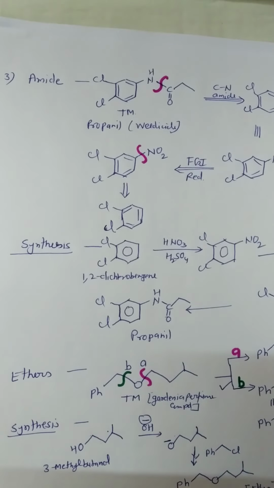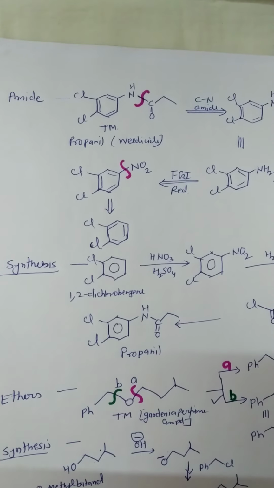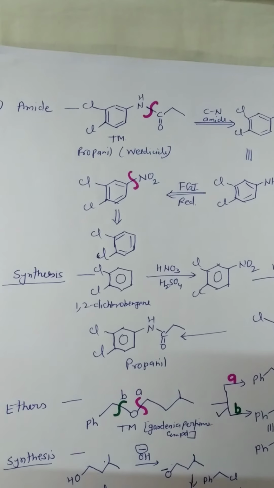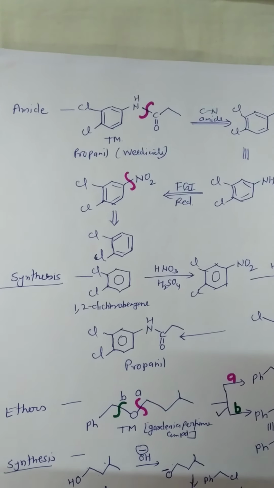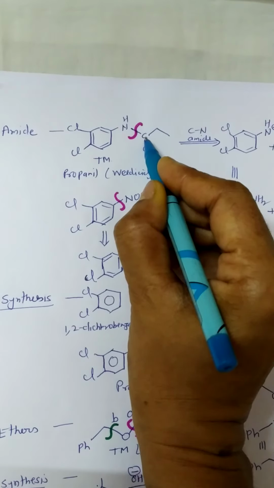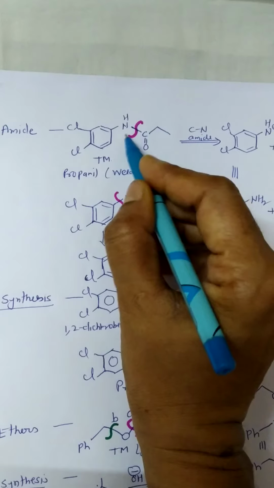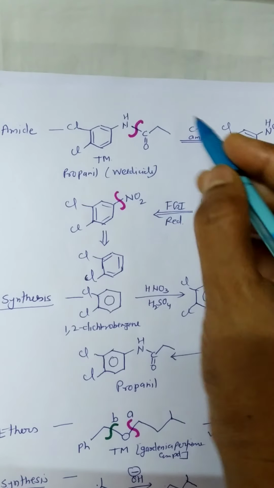In the case of amide, also C-X disconnection is present. Here C-N disconnection is carried out because the CONH group is present in the structure. The carbon atom is joined to the heteroatom nitrogen, and therefore the disconnection takes place here.